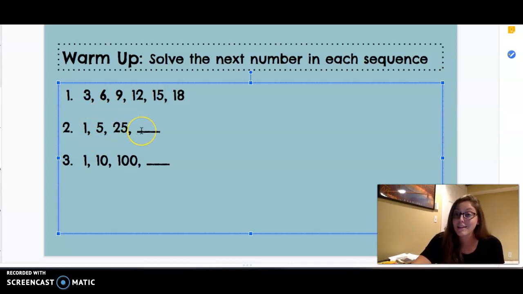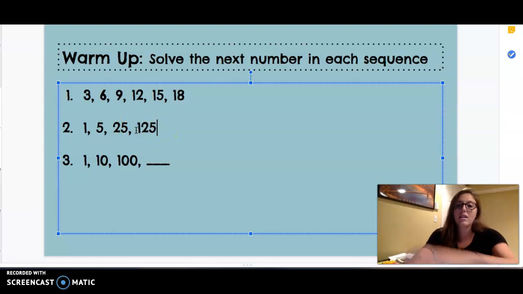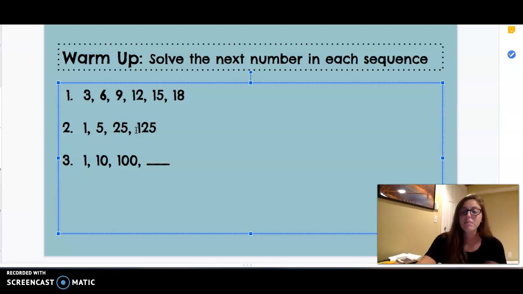So the next spot in my sequence would be 25 times 5, and when you do 25 times 5, you get 125. My last one looked like it was skip counting by tens and multiplying by 10. 1 times 10 is 10. 10 times 10 is 100. 100 times 10 would give me 1,000.